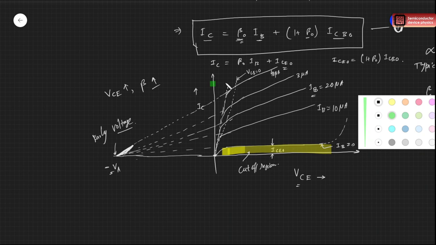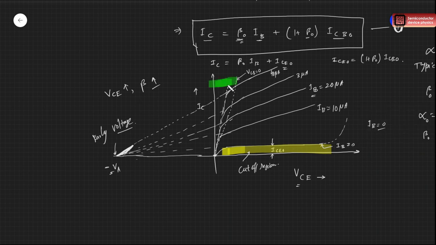And this region where the VCE is also negative, right? This region is our saturation region. This is the saturation region, and the rest, all this curve, this region is our active region, active mode of biasing.